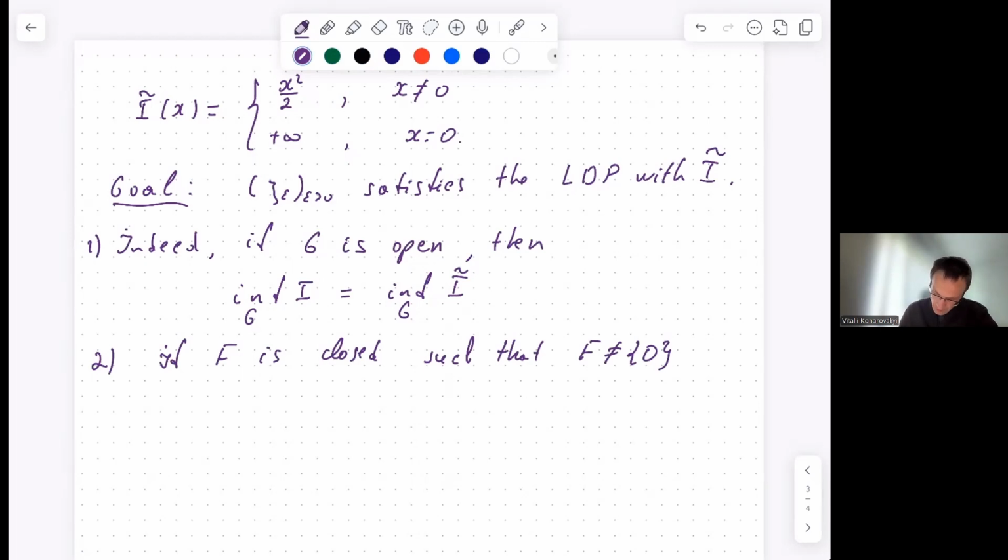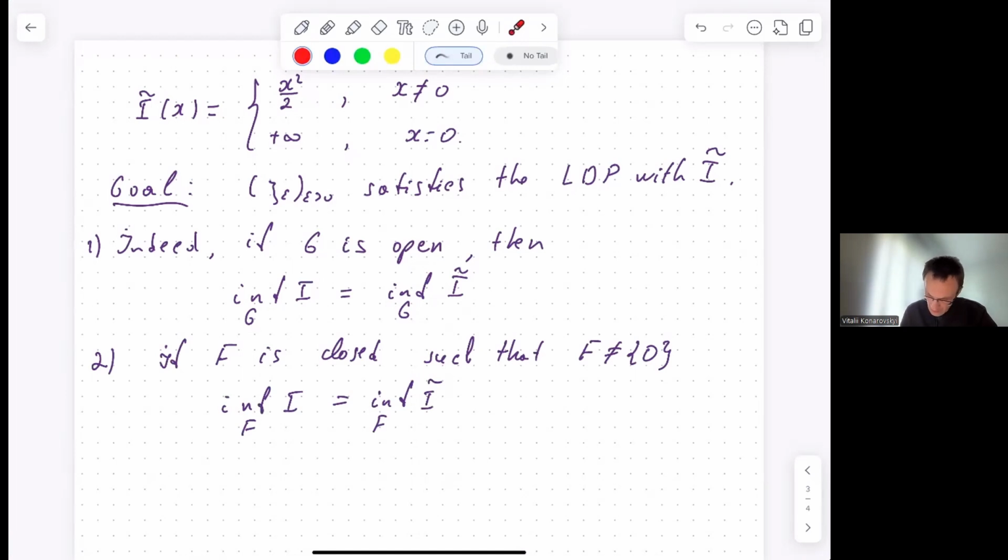Then, for the same reason, the infimum of I over F is equal to the infimum of I tilde over F, because when you compute the infimum, you only need to consider the values of the function for x that belongs to F except the point 0, and these two functions coincide.